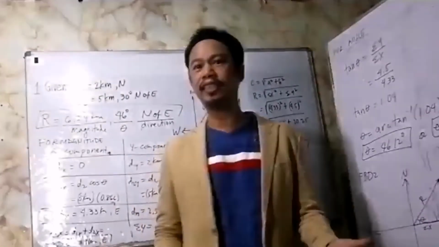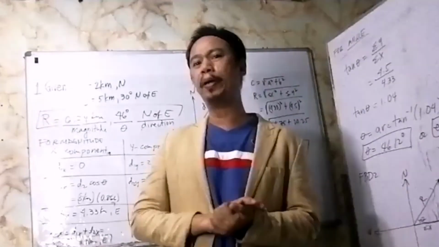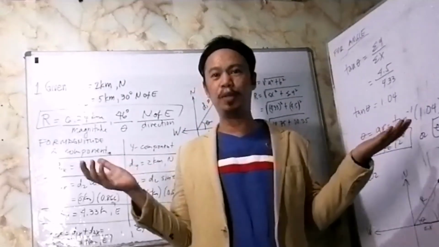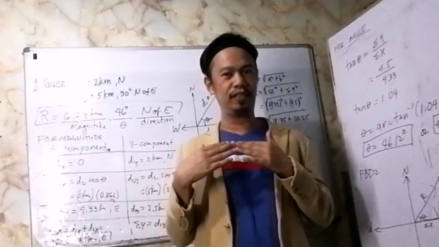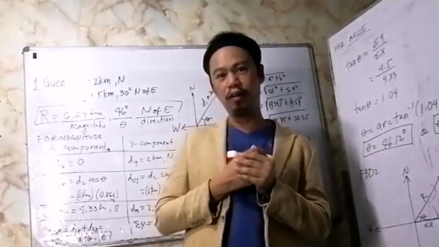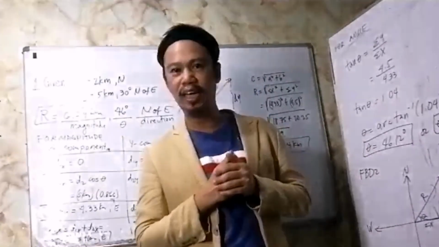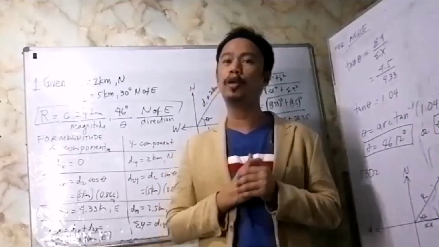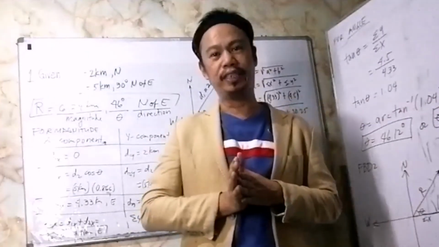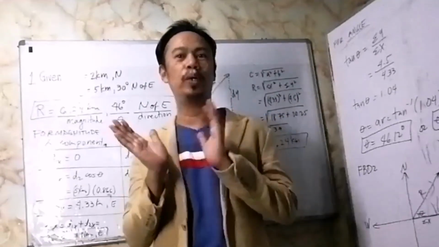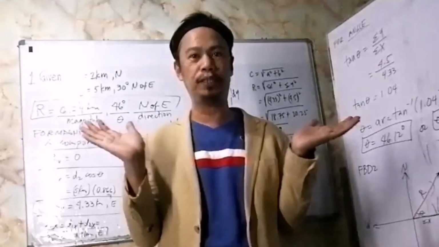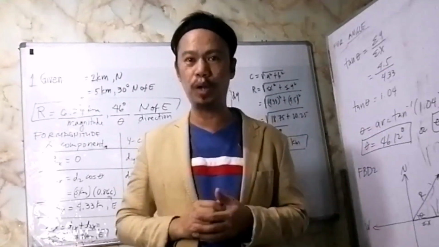Okay? So by the way guys, let's just have a recap. Rule number 1 in adding a vector. The first one, if they have the same direction, we simply add. Okay? If it is north, north, we simply add. If it is south, south, simply add. And so on and so forth. On rule number 2, if it is opposite direction, for example, we have going to east and then going to west, that's opposite direction, we subtract.